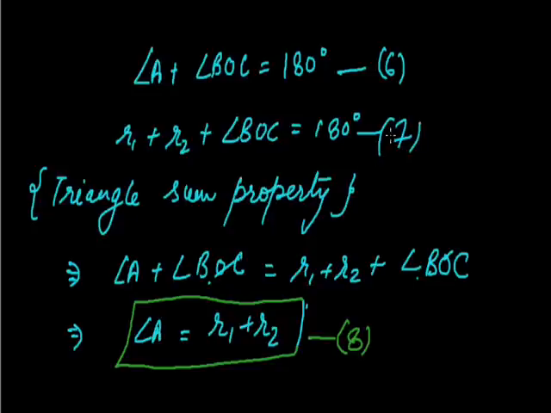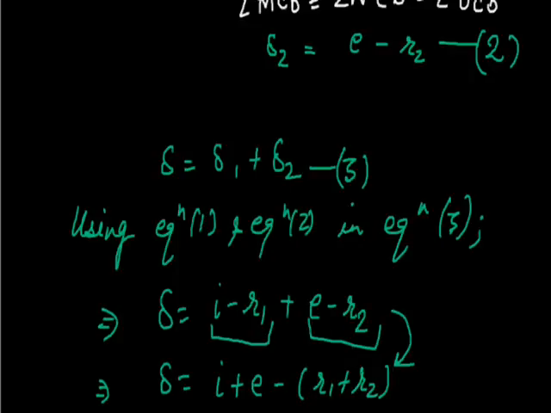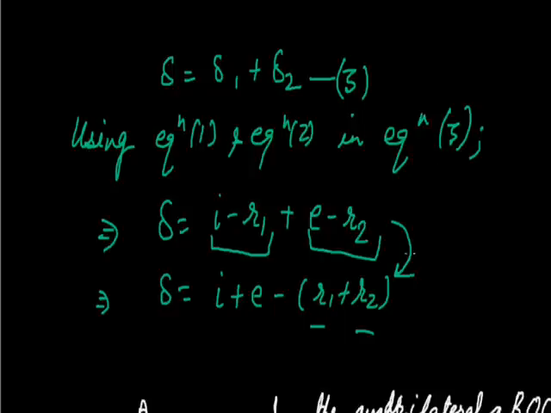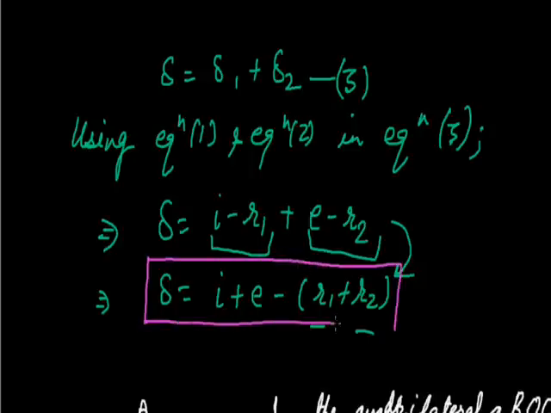We have got the value for which we are doing the whole exercise. Now if we ask what is the significance of this value, here we have a relationship which we have already derived between the angle of deviation delta, the angle of incidence I, the angle of emergence E, and the two angles R1 plus R2 which we got inside the prism.